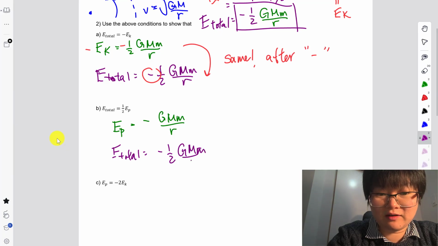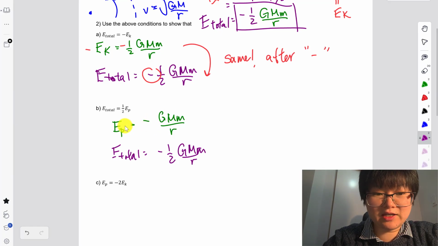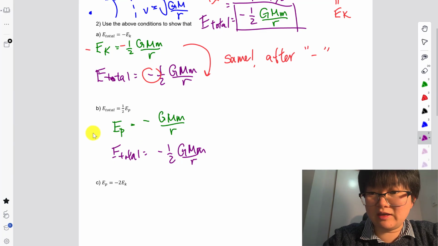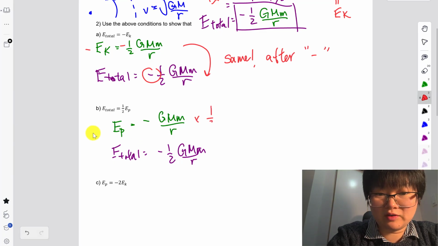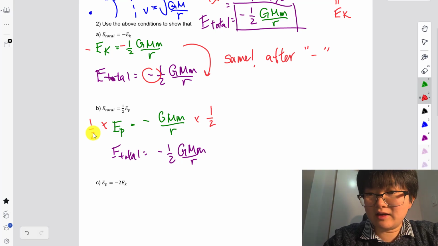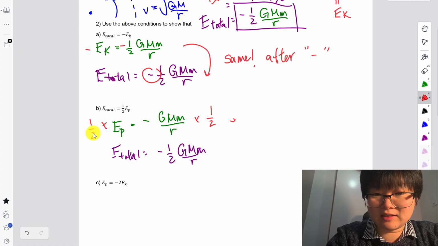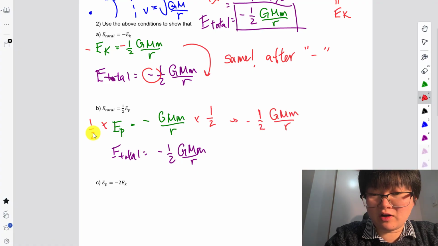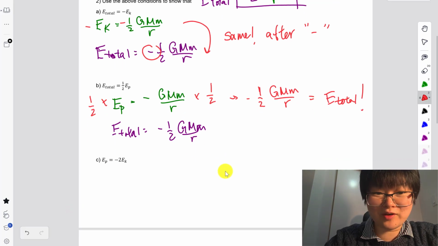Now, if I took 1/2 of EP, so if I multiply both sides by 1/2, then this side I get negative 1/2 big G, big M, small m over r, which is equal to the E total. They're all related. They're all very similar.